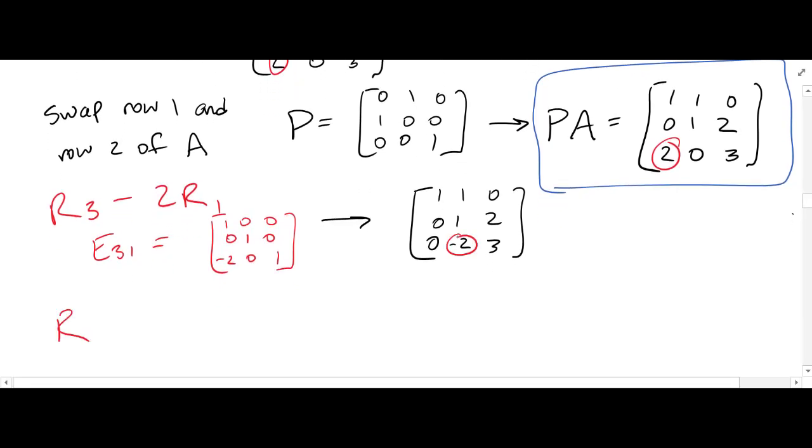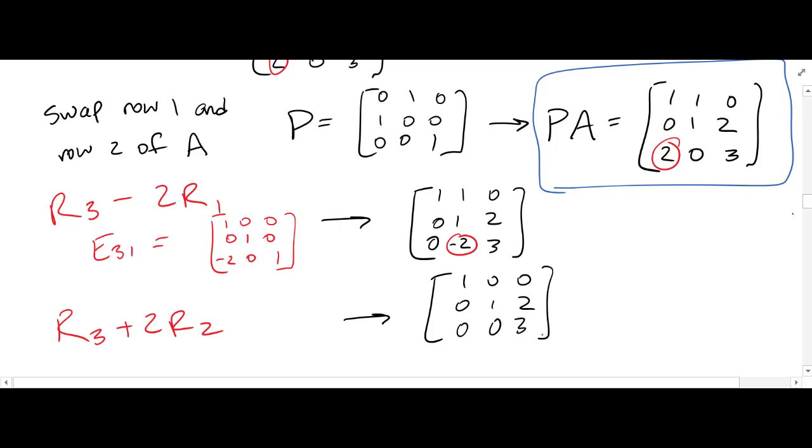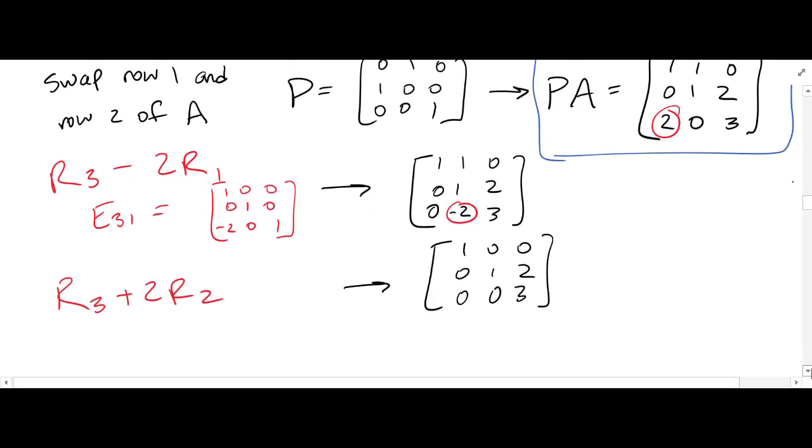And then we're eliminating the negative 2, so we would do row 3 plus 2 row 2, which has the effect of getting rid of that negative 2, and the 3 becomes a 7.